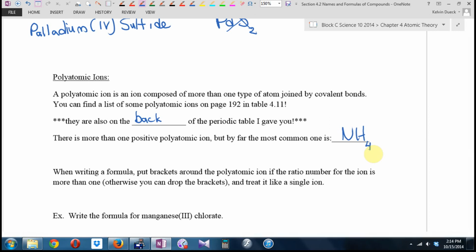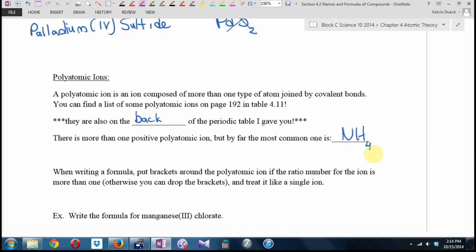If it starts with a metal or NH4, it's ionic. This is the only exception, because N is nitrogen, and I know that's not a metal. But together, ammonium behaves like a metal because it's positive and it wants to get rid of an electron.